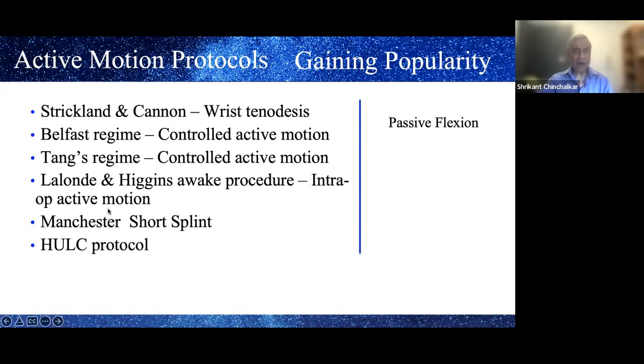However, before they perform active motion of the fingers, either in extension or flexion, patients were recommended to do warm-up exercises using passive flexion to begin with, so that there is no resistance offered by the stiffness created because of the swelling or the surgical procedure. In Manchester, they recommend using a short splint, but again it is debatable whether the short splint application is suitable for every individual having flexor tendon repairs and going through the rehabilitation program.